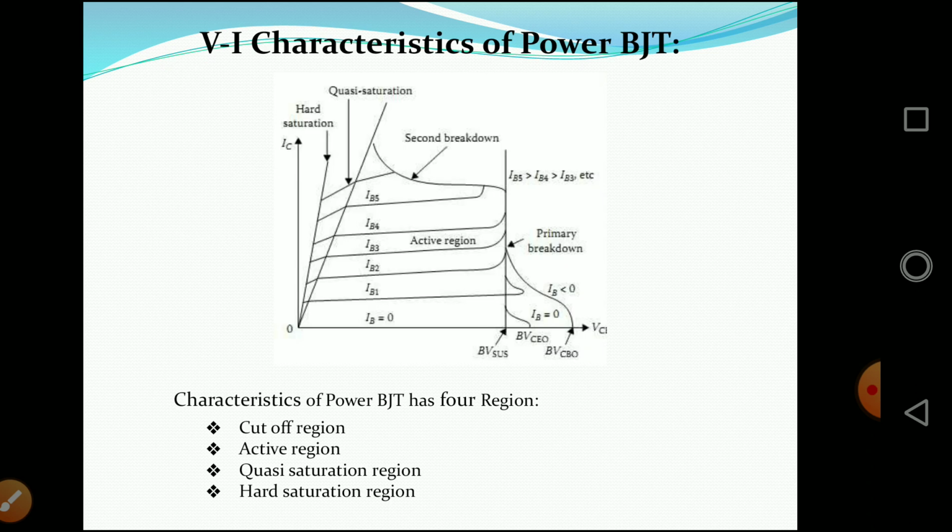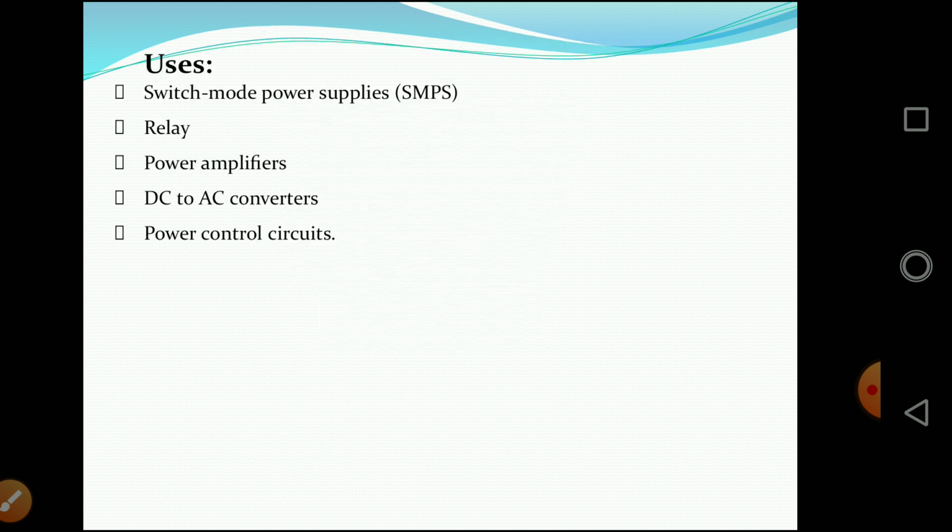If it operates in the cutoff region, it is used as an off switch, and if it operates in the saturation region, then it is used as a closed switch. At that condition, we can perform some power control applications. So these are the applications of power BJT. This is the overall of power BJT.